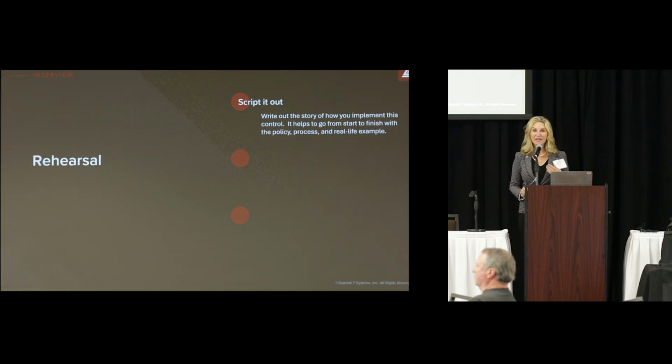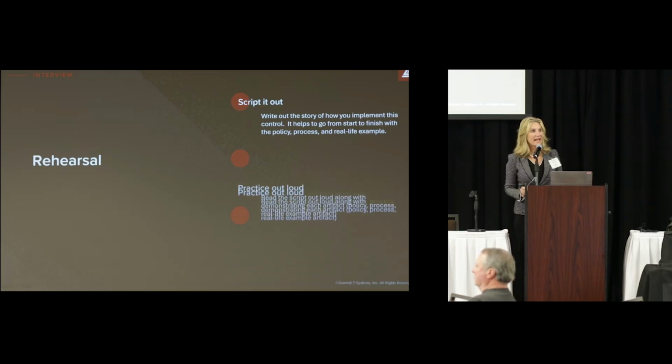When we discovered in our run-through assessment who these people were, I took them under my wing, and I gave them each a control that they would be speaking to. We agreed on what the evidence was going to be, and I had them sit down and think about it and write out a script for how they would describe this to an assessor. We kept narrowing it until it got to where we wanted it to be.